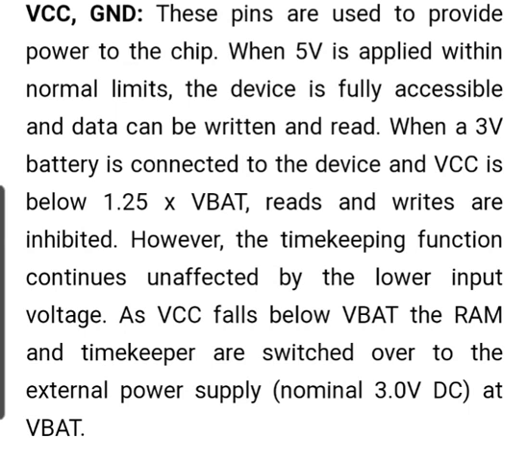When a 3-volt battery is connected to the device and VCC is below 1.25 times the battery voltage, reads and writes are inhibited. The timekeeping function continues unaffected by the lower input voltage.